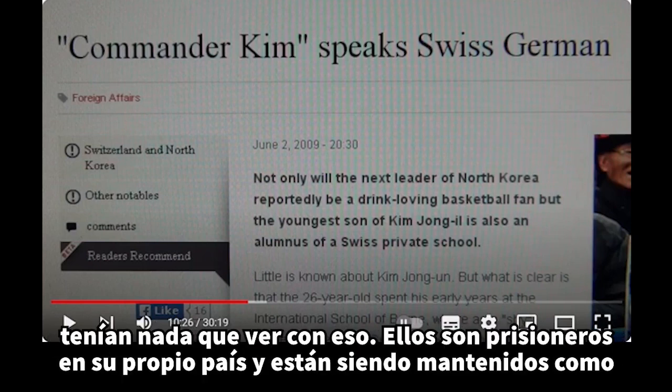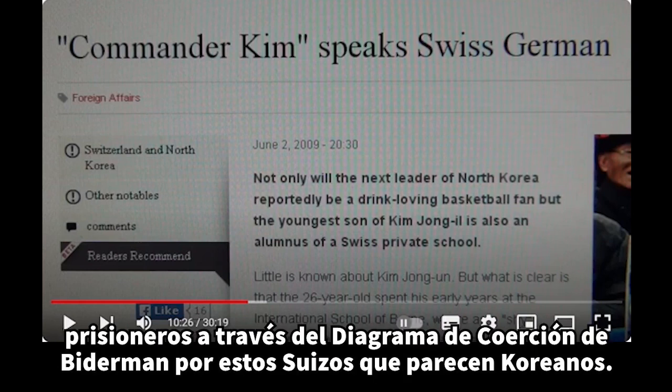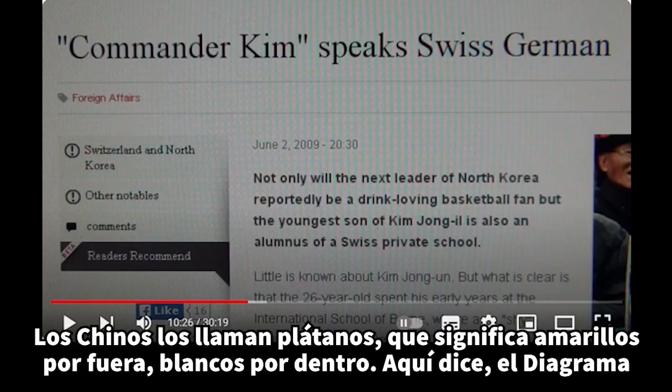They are prisoners in their own country, and being kept prisoners through the Biderman chart of coercion by these Swissies who look like Koreans. The Chinese call them bananas. That means yellow from the outside and white from the inside.